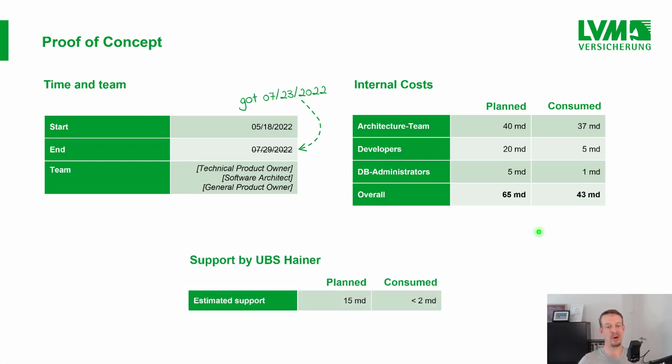Originally, we bought support for 15 man days, but we requested not even 2 days. Why? Because the system was so easy to set up and use that we didn't really need much help. As soon as you can deal with Docker and a shell, you're good to go.